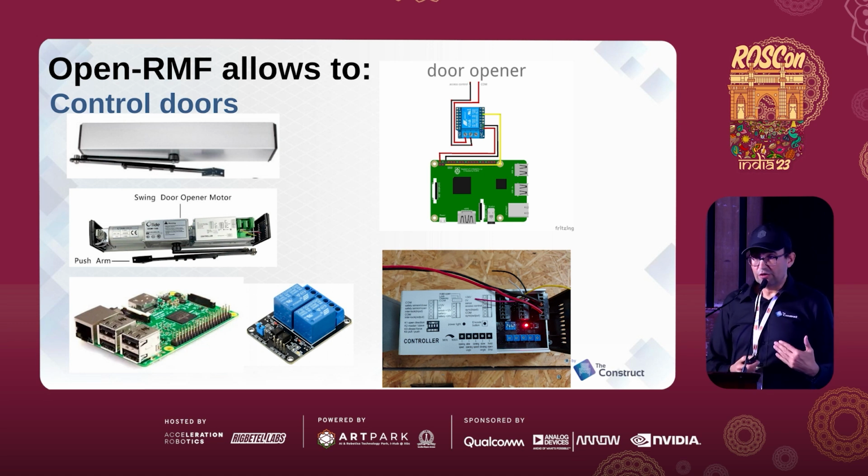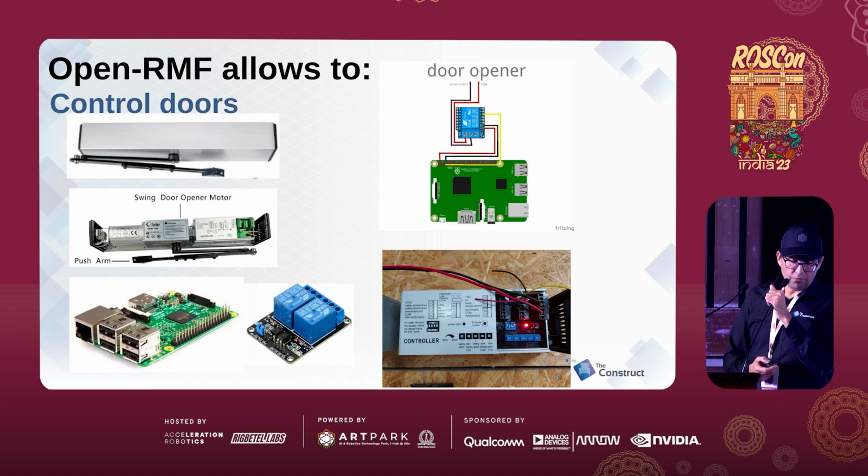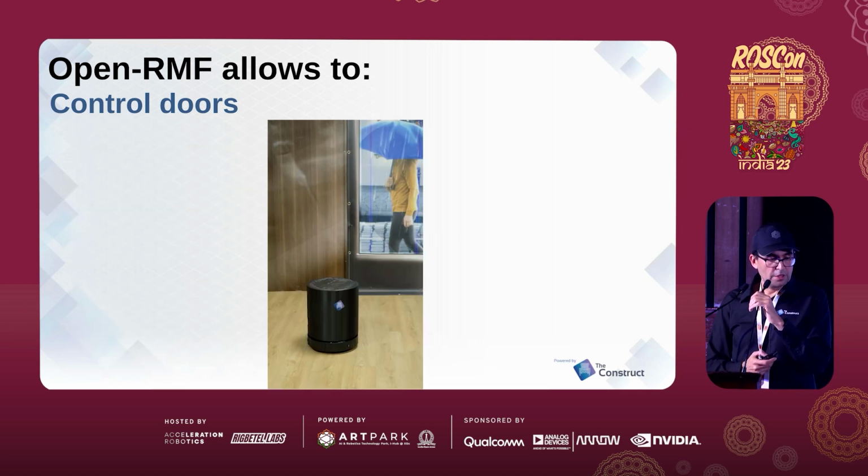So it's running on the Raspberry Pi. Then at the moment that OpenRMF wants, it signals the relay, which opens the door, because the relay is connected to the door in this way with the red and black cables. Then the result is something like this. Here we have our cleaner robot that is waiting for the door to open. Then at some point in time, the door opens.